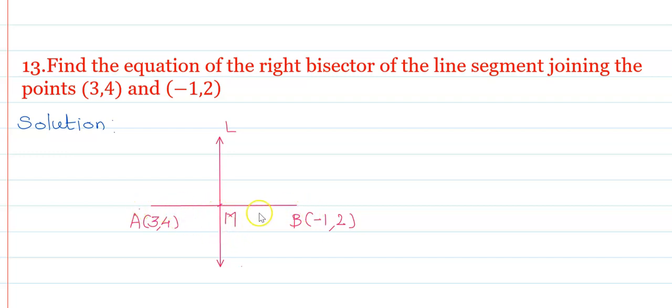Find the slope of AB. First we find out the slope of AB. Therefore, slope of AB is equal to difference of y coordinates, that is y2 minus y1 upon x2 minus x1.